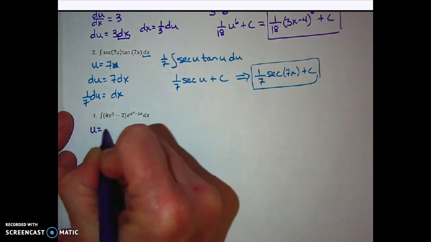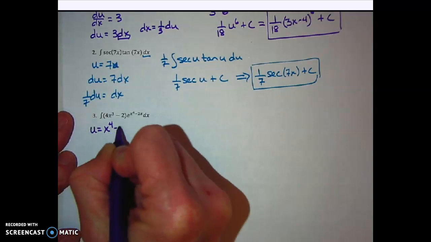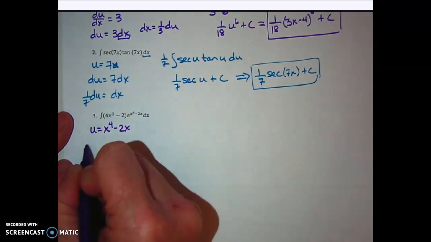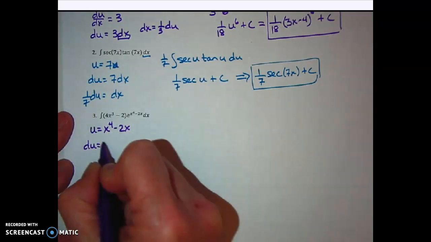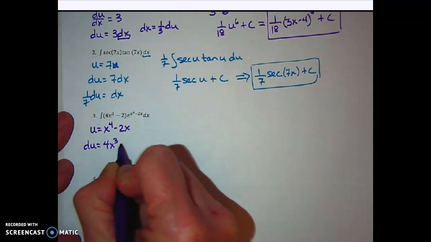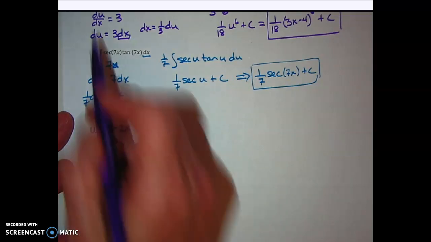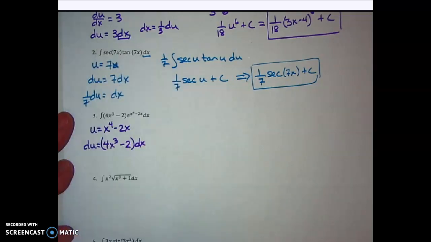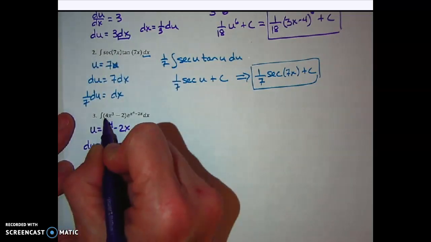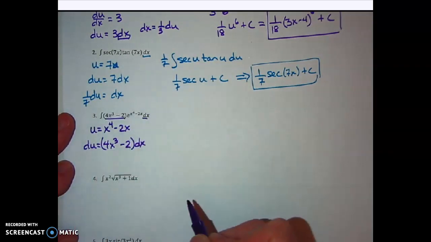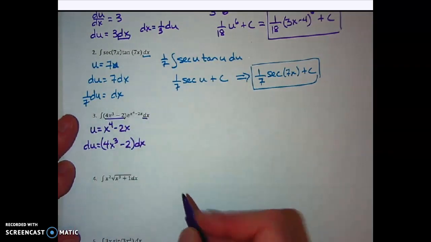So my u is going to be that exponent, x to the 4th minus 2x. My du is going to be (4x to the 3rd minus 2) dx, kind of saving a step of solving for that du. And I actually have my (4x to the 3rd minus 2) dx.